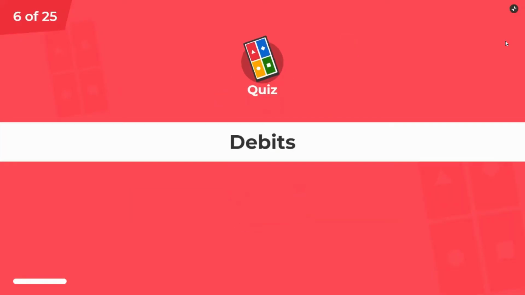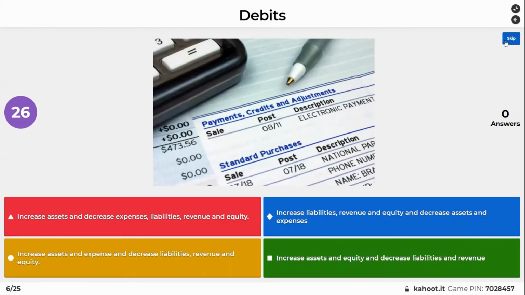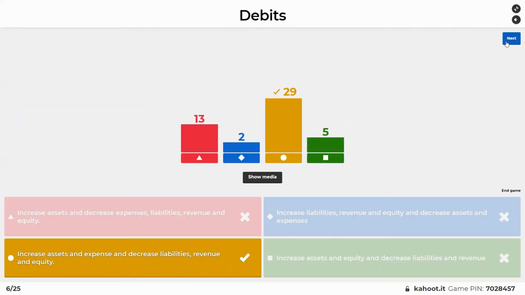O class, okay, so the correct answer is a debit will increase asset and expense and decrease liabilities, revenue, and equity.